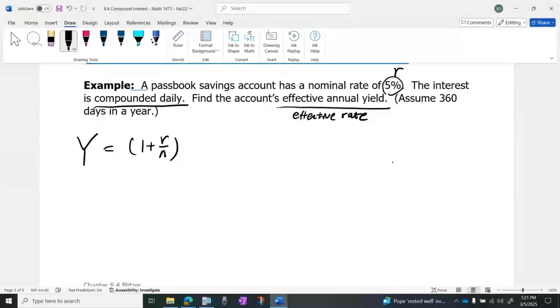Remember, this is the compounding factor. We raise the compounding factor to the power of n, because the interest is compounded n times a year, and that's how many times the interest is compounded over 1 year. Then minus 1. So that's the formula for the effective rate.